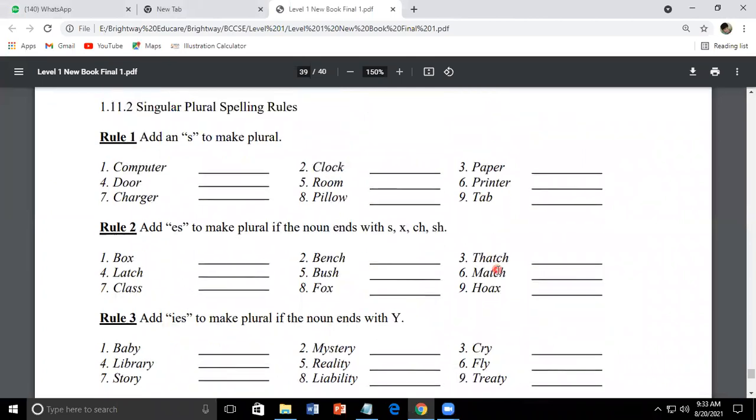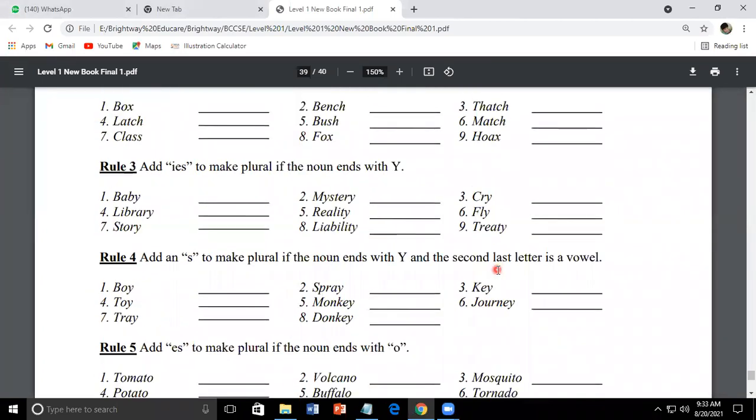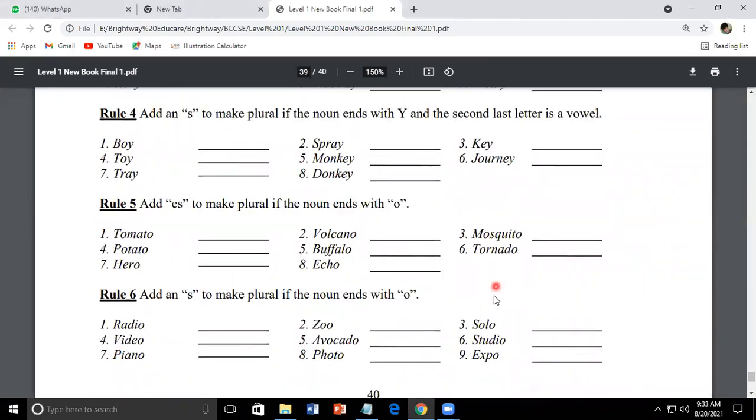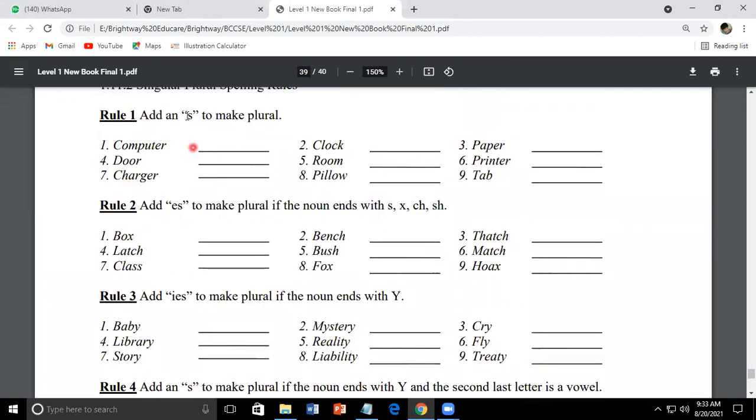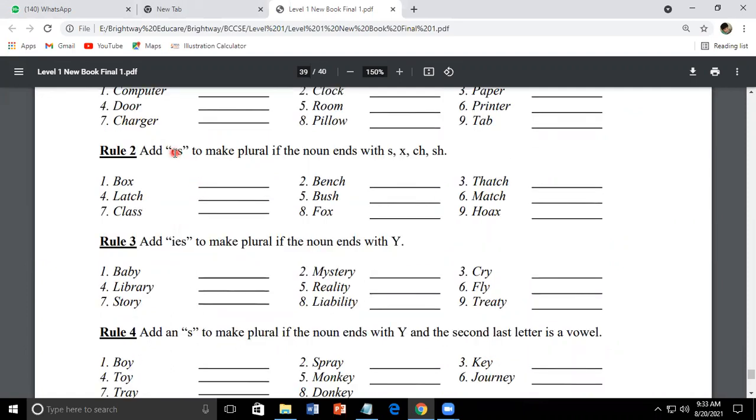We have completed rules from 1 till rule number 6, and in rule number 1 we learned that we have to just add an s to make the word plural. In rule number 2 we checked if the word ends with an s, x, ch or sh, then in that case we have to add es to make the word plural.